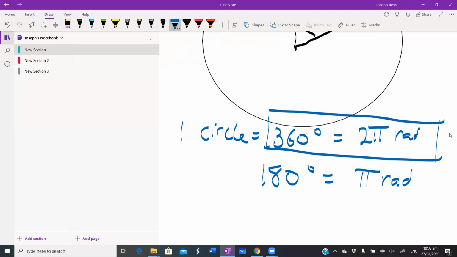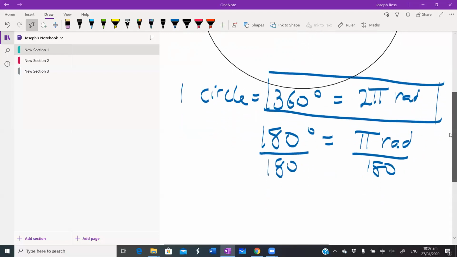Now, if we want to find how many radians 1 degree is, we could divide both sides of that equation by 180. We get 180 degrees divided by 180, which is 1 degree, is pi over 180 radians.